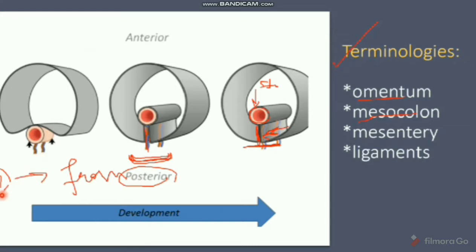So, the first thing you need to note in here is that the gut tube invaginates the peritoneal sac from the posterior abdominal wall. So this is the rule, that it is invaginating it from the posterior side, the first thing. The second thing is that the branches from the abdominal aorta which are supplying the gut tube also start invaginating the peritoneal balloon, and while doing so you can see they create a tract for themselves.